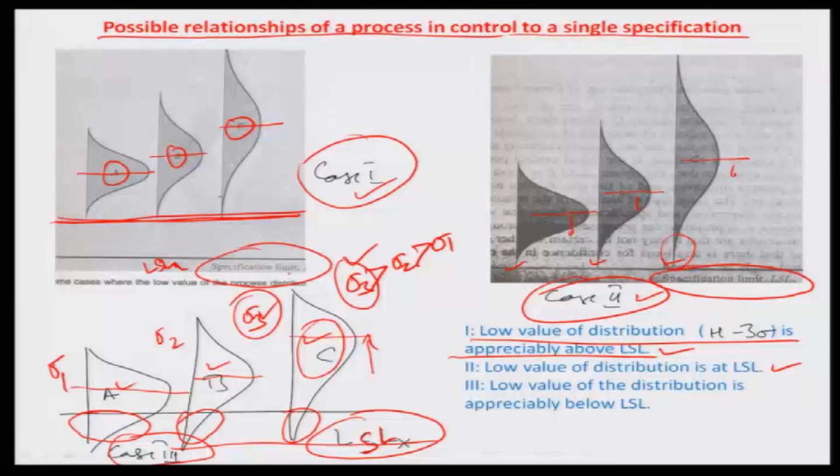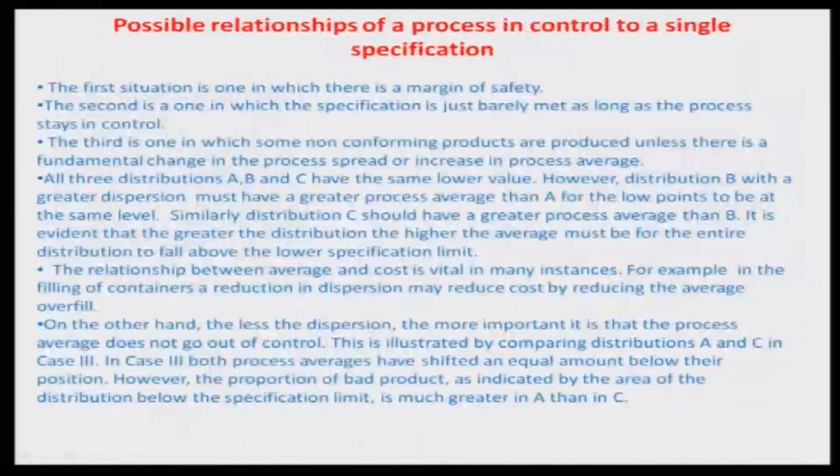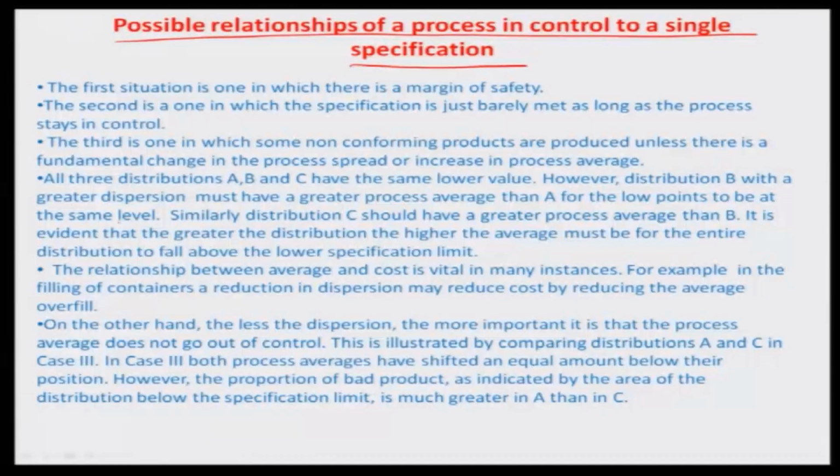So such practical decisions have to be arrived at sometimes by a process control engineer or a quality control engineer, and let us just detail all these possible relationships of a process in control to a single specification, particularly the LSL as you were seeing there.